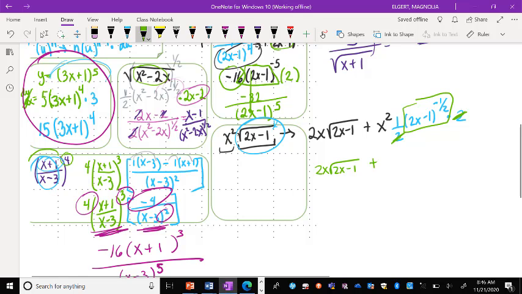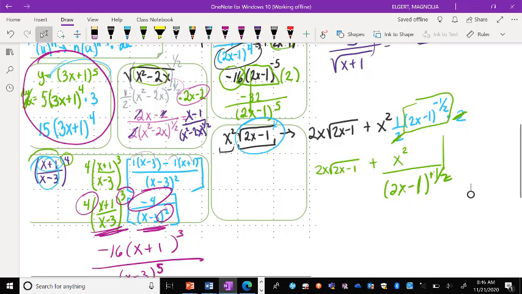So I end up with this x squared, that stays in the numerator because it's positive, over the square root of 2x minus 1. My pen's doing the fun thing again. Okay, so yes, that's not the negative 1/2. This would be the positive 1/2. Forget what I said there. When I bring it down, it's positive.